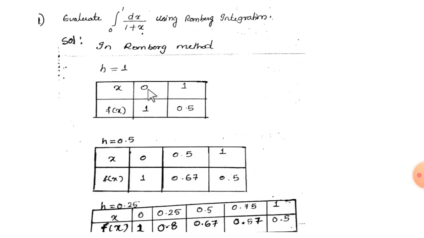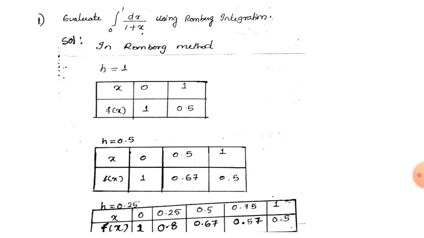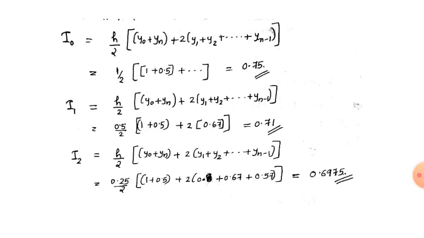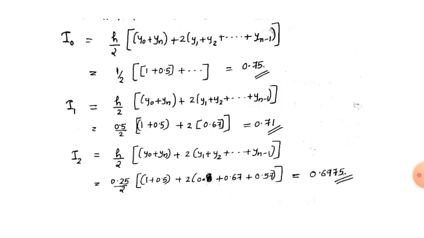When h is equal to 1, x0 equal to 0 and y0 is equal to 1, and yn is equal to 0.5. Now you have to substitute the values in this formula. So you will get it as 0.75.